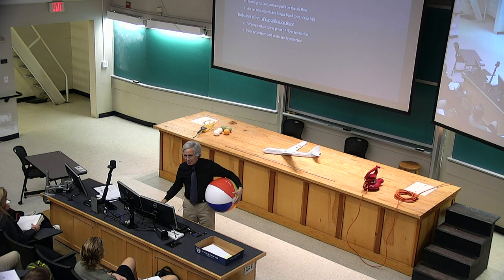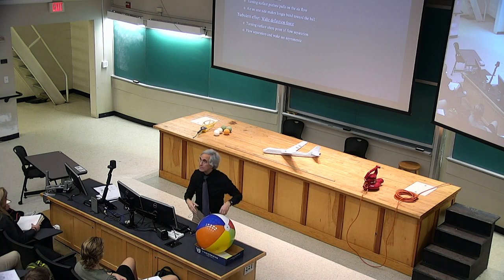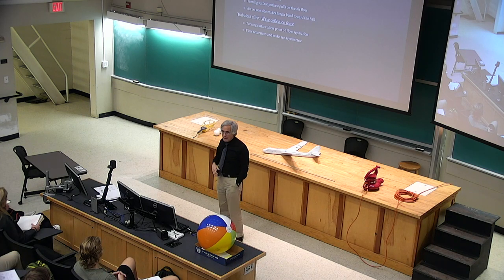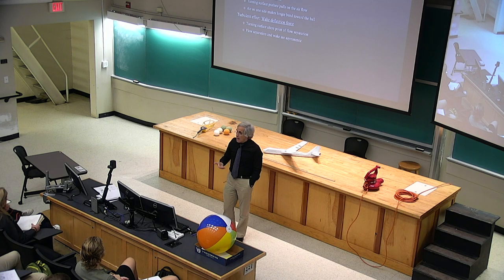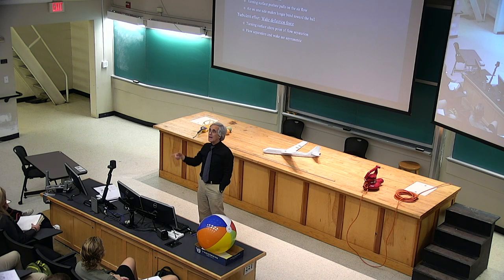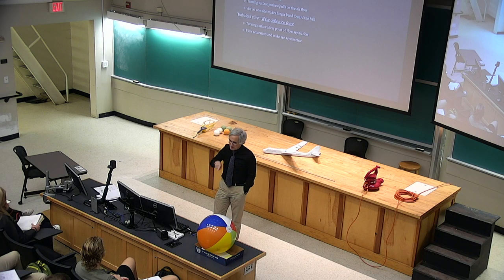So I'm going to talk about the effects that occur as the air flows over the ball, and there are two of them. One of them is much more famous than the other. The second one is sort of neglected, but it turns out to be important. The effect of when air goes past a spinning ball and remains laminar, which it actually doesn't, but you can sort of approximate it as laminar for at least a long part of its flow, is called the Magnus Force, and we'll see how it's directed.